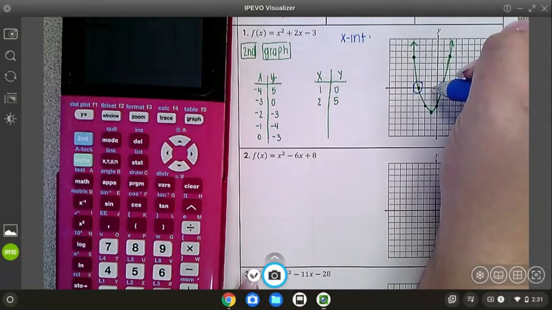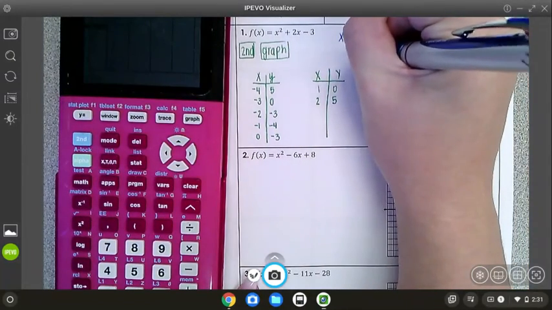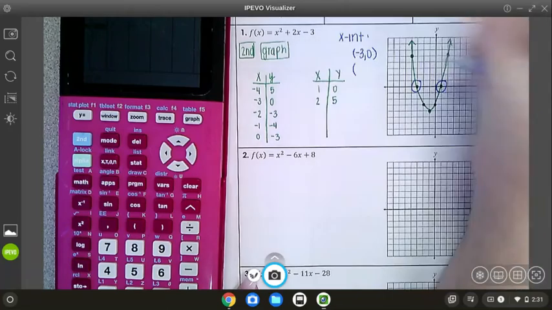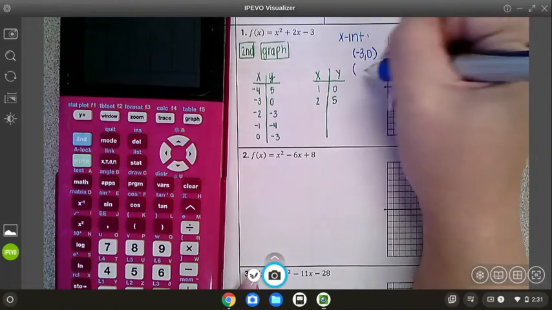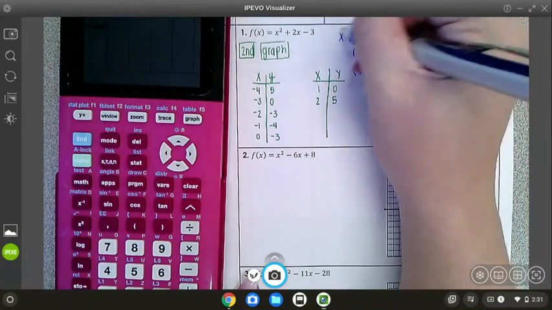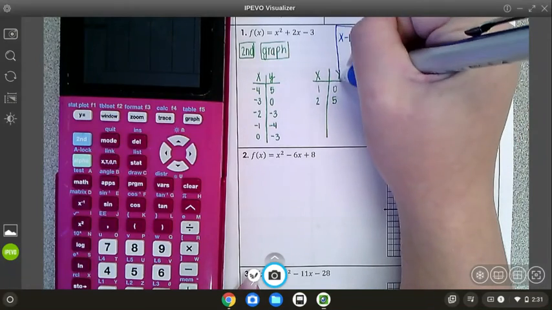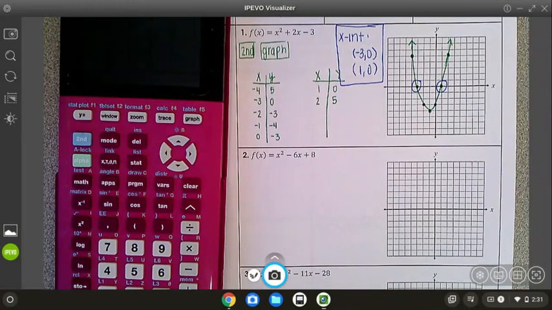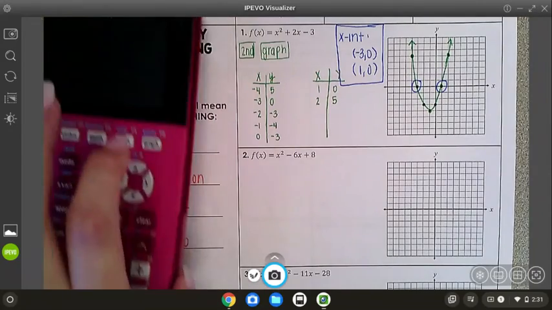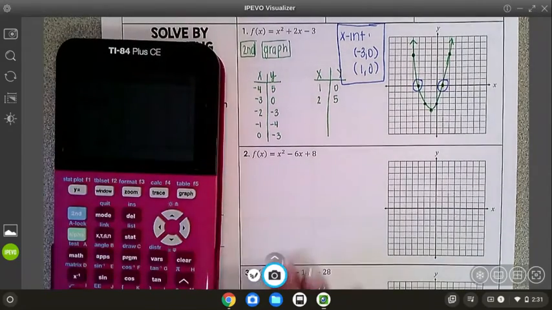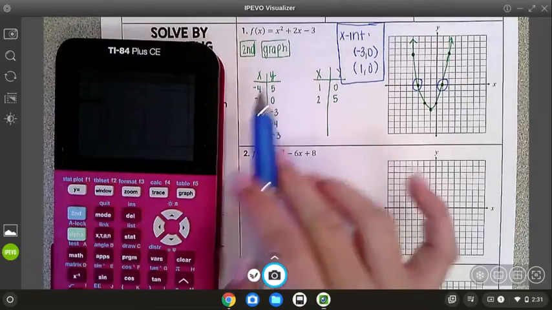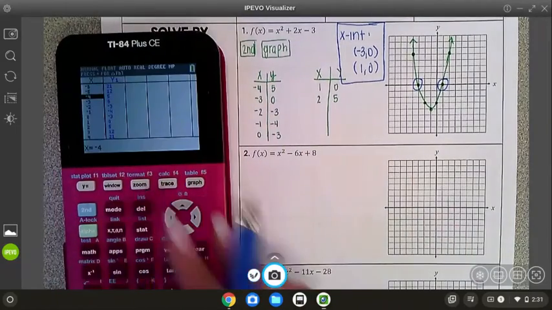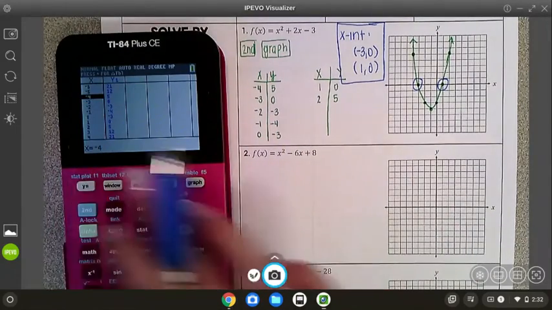So this is the point -3, 0, and the point 1, 0. Now on these, you don't have to write out the table. I just wanted to write that to show you. So from here on, you don't have to do that. You can just plot them.